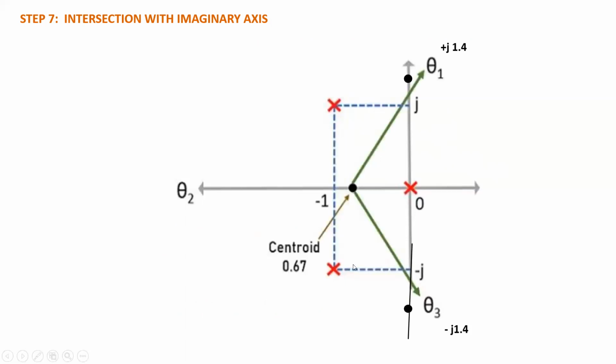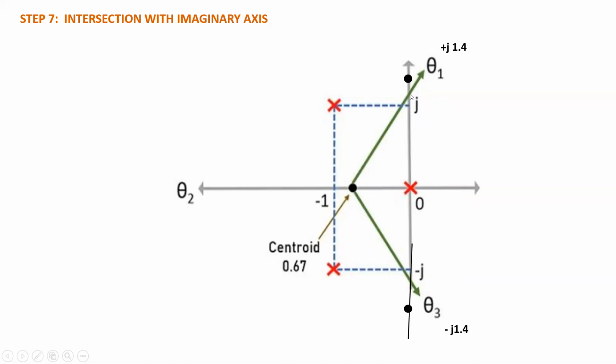We have asymptotes at 60 degrees, 300 degrees and 180 degrees, and we do not have a breakaway point, but we have a centroid at 0.67, that is the intersection of these three asymptotes.